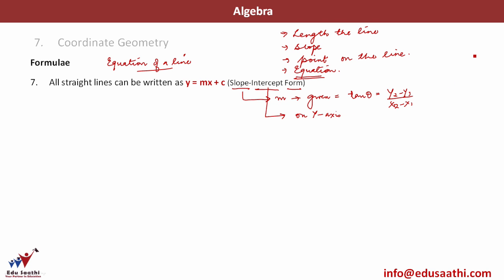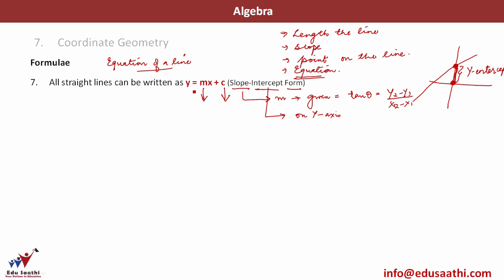Now if you look at this line, the line goes like this. This is written as the y-intercept. That means the distance between the origin and the point where it cuts the y-axis is known as the y-intercept. So c here is your intercept, m here is your slope.